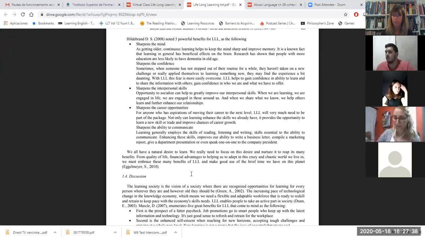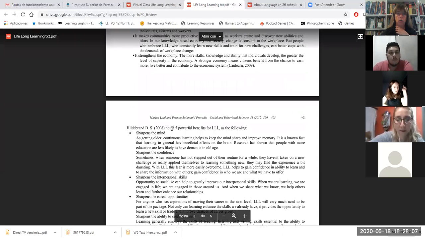That is one possibility. You said the benefits are introduced by the use of enumerators, such as first, second, third, fourth, and so on. Lexical signposts. Yes, I agree. These are also called lexical signposts. Okay, thank you, Ana.